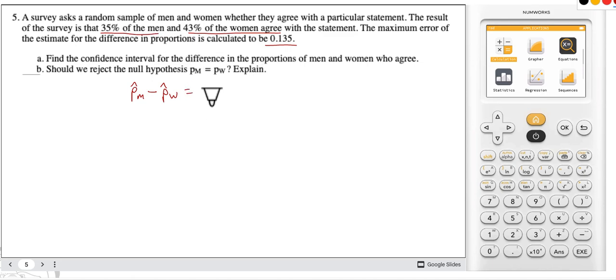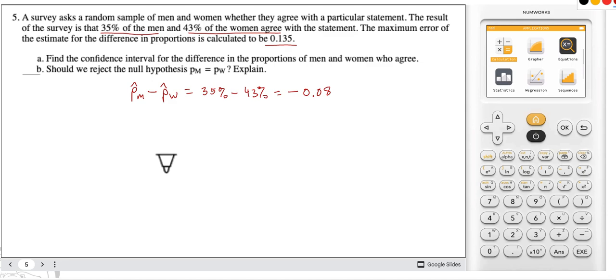So that's going to be 35% minus 43%, and that is going to be negative 8%, right? Because 43 is larger, negative 8%, so we could go with negative 0.08. That's in the middle.